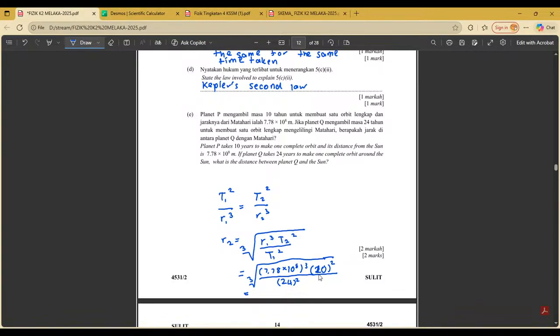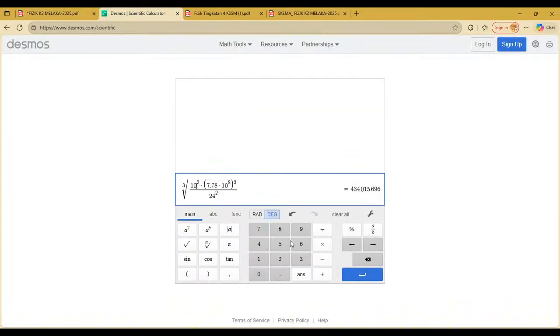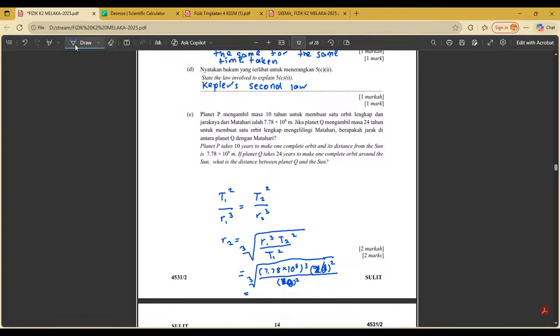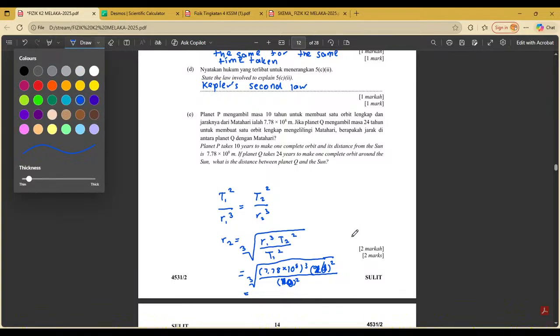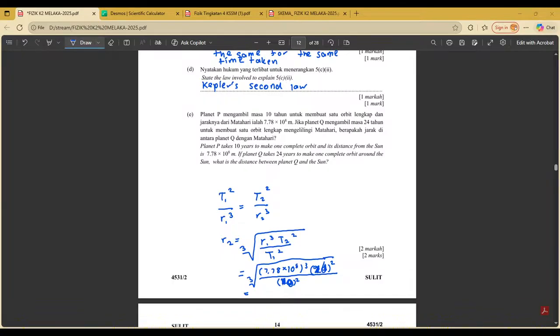It's T2 squared. 24 is up here. 10 is down here. 24 and which is 1.394.